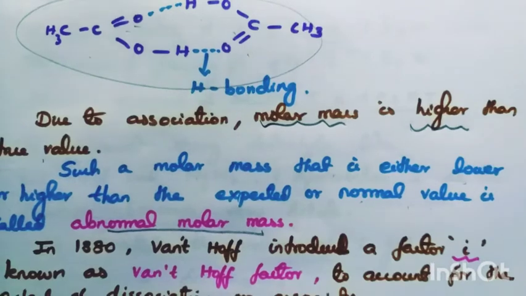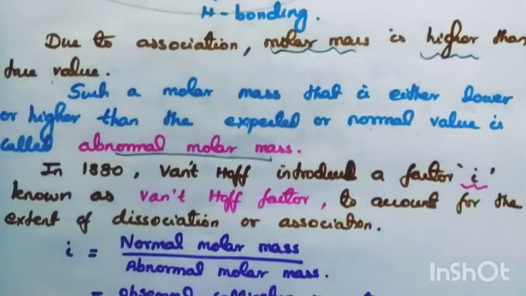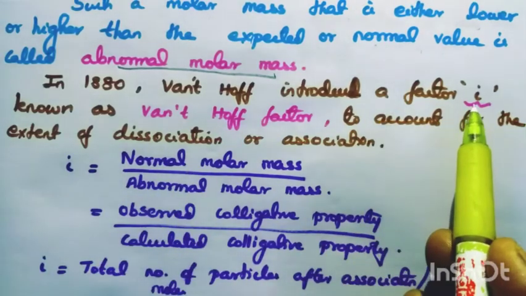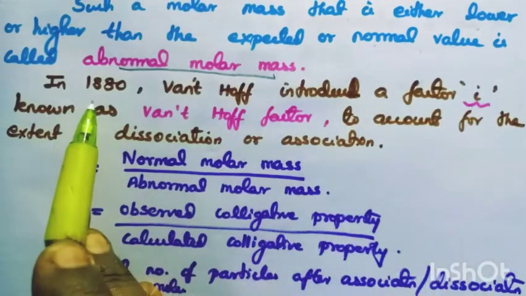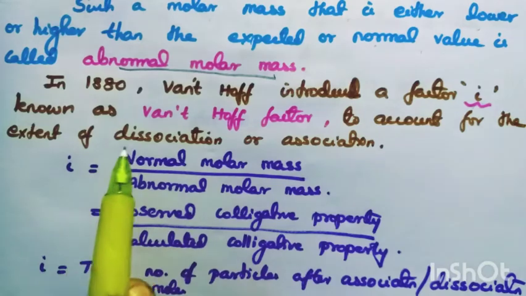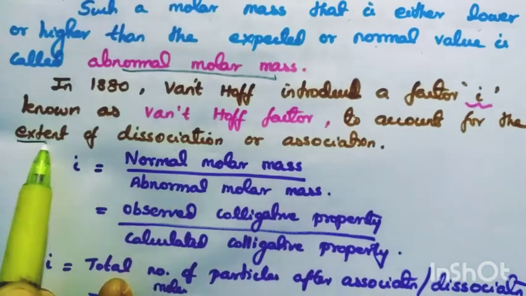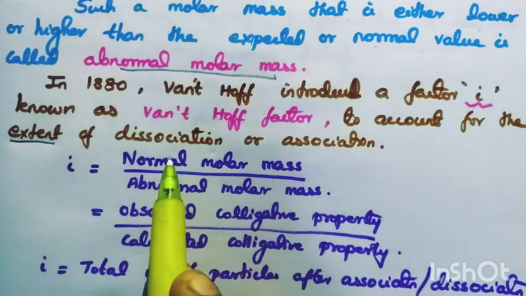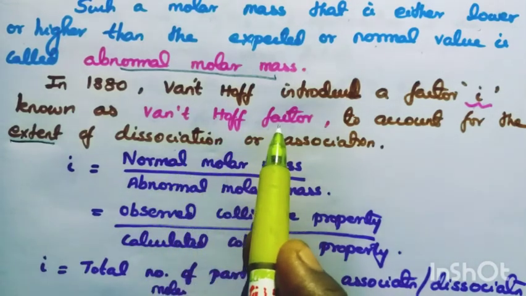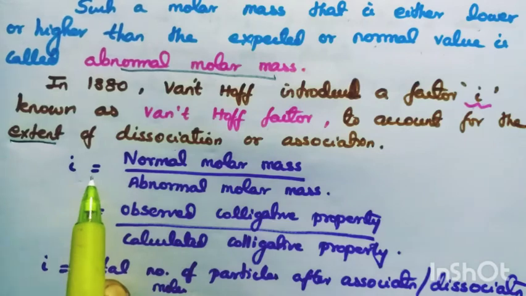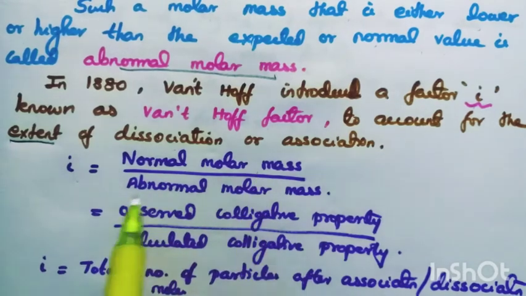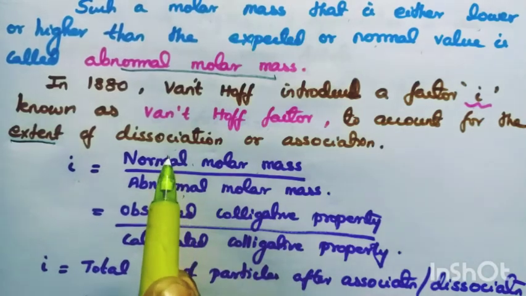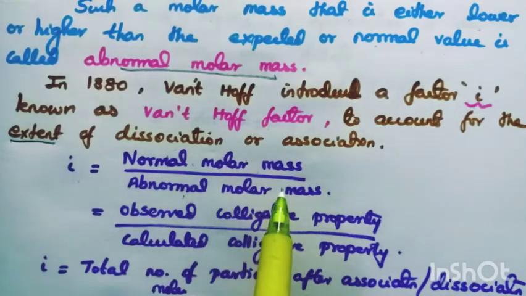For this dissociation and association, Van 't Hoff introduced a factor, the Van 't Hoff factor i, in 1880, to account for the extent of dissociation or association, that is, how much it dissociated or associated. i is equal to normal molar mass divided by abnormal molar mass.